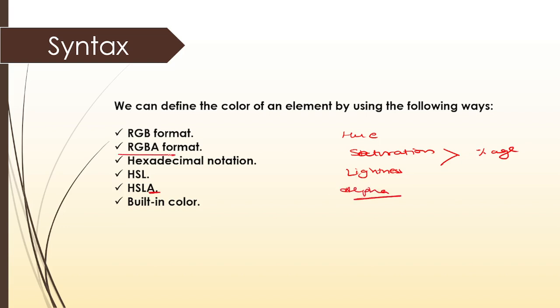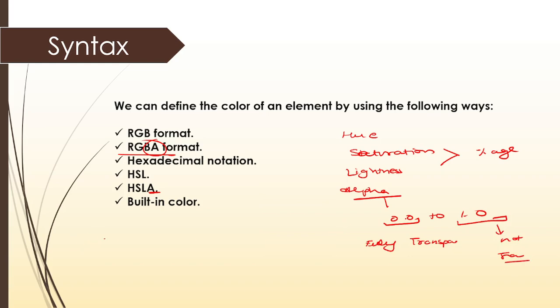Similar to RGBA, alpha is used to specify the element's transparency or the text transparency. The value of alpha ranges from 0.0 to 1.0. Here 0.0 indicates fully transparent and 1.0 stands for not transparent at all.